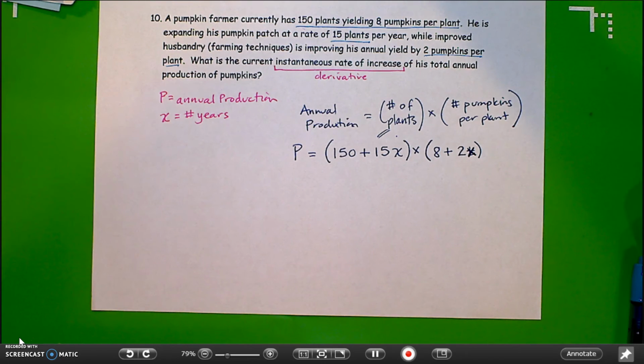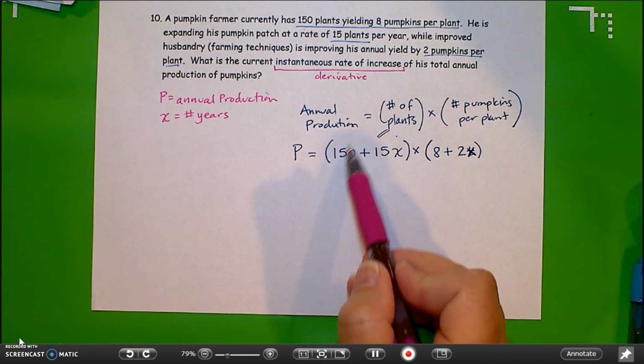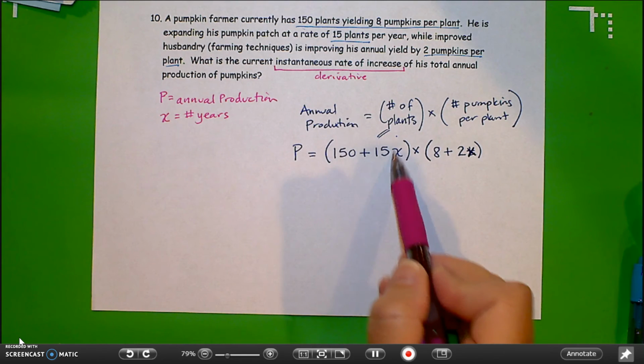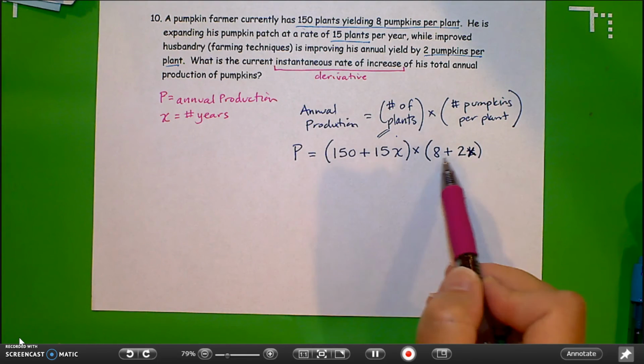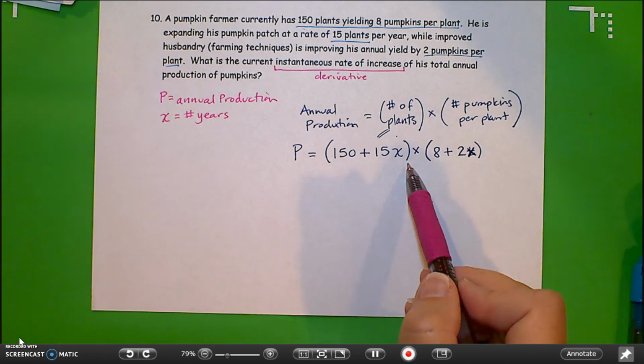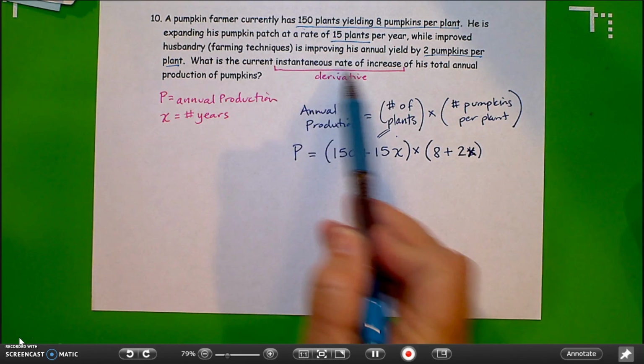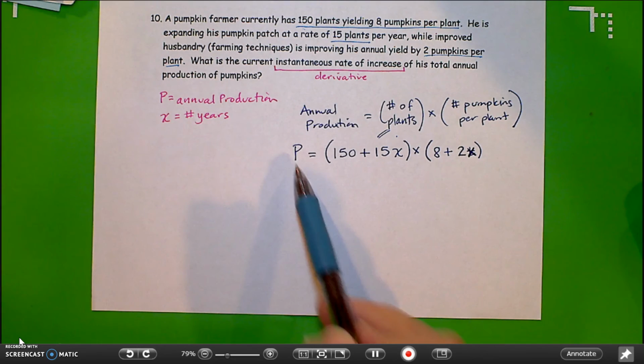So if we take a look at this equation, we actually have a couple things happening. We have an increase in production just based on the number of plants. We have an increase in production based on the pumpkins per plant. So we've got 2 things changing at once. I already planned out that I needed the instantaneous rate of change, which would be the derivative of this function.